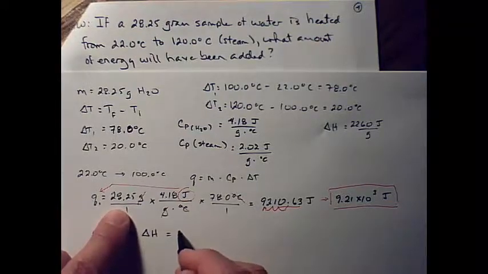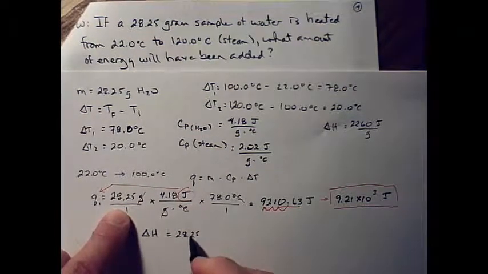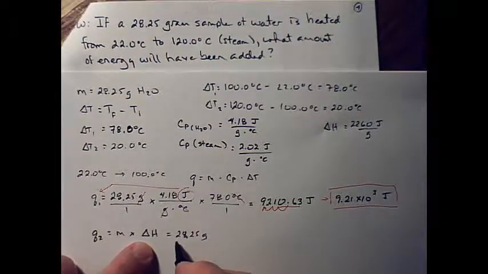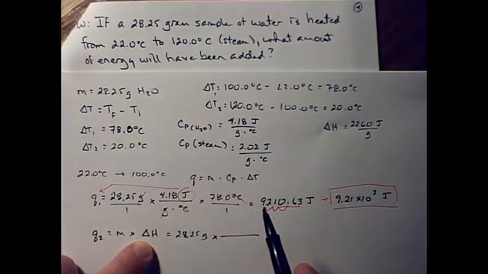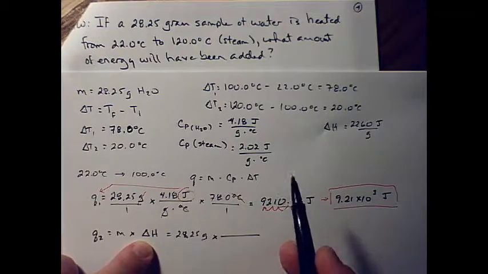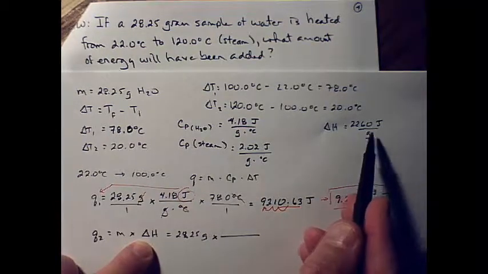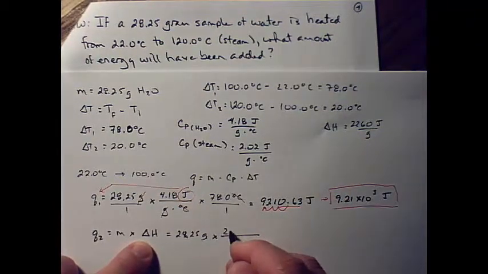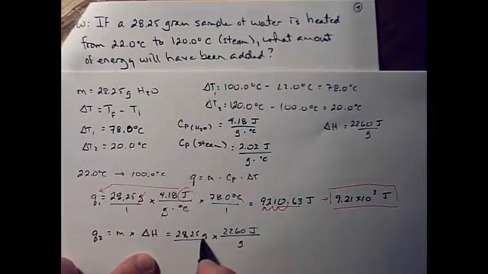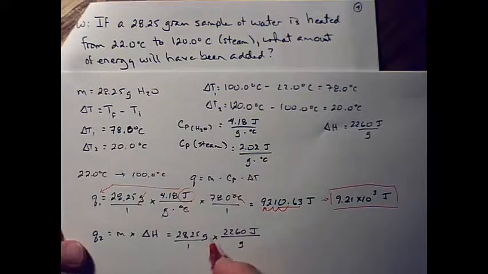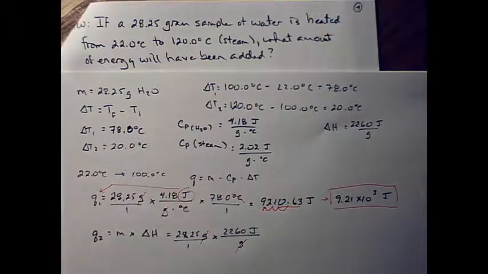It's the same sample of water, 28.25 grams of water. And the enthalpy change, when you change from liquid water to gaseous water, is 2260 joules per gram. Put this over 1, I can see clearly that I can cancel out grams.